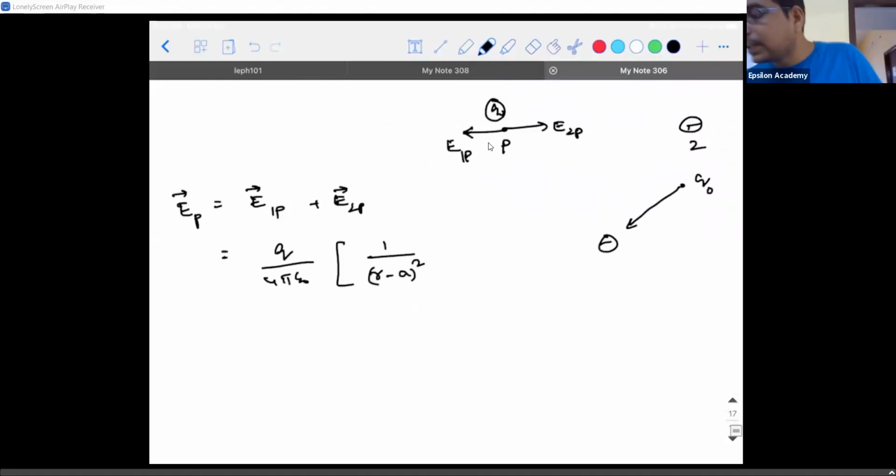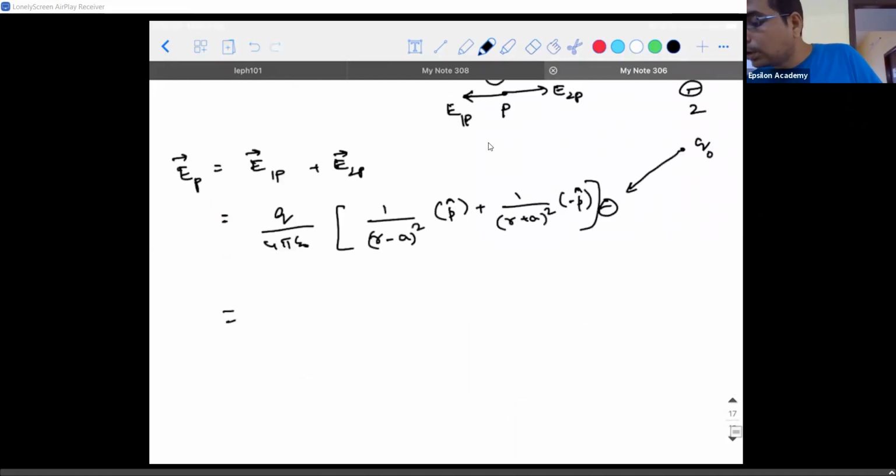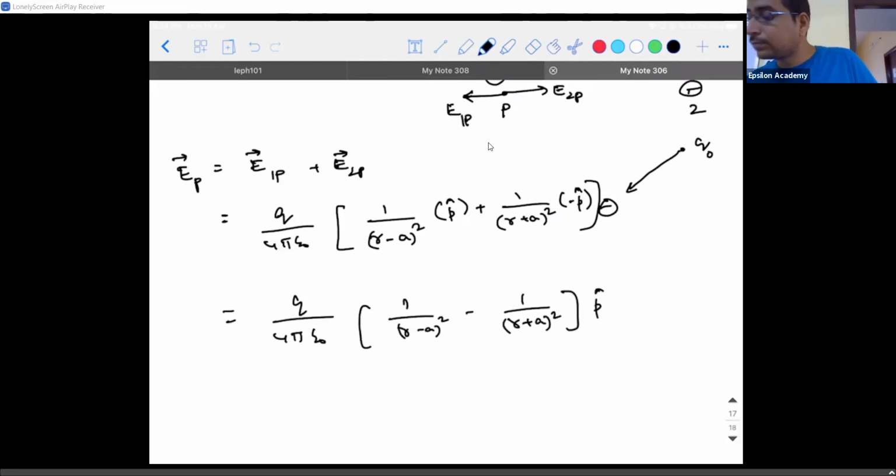So 1 by R minus A the whole square in the direction of P cap plus 1 by R plus A the whole square in the direction of minus P cap. Right. So Q divided by 4 pi epsilon naught into 1 by R minus A the whole square minus 1 by R plus A the whole square times P cap.